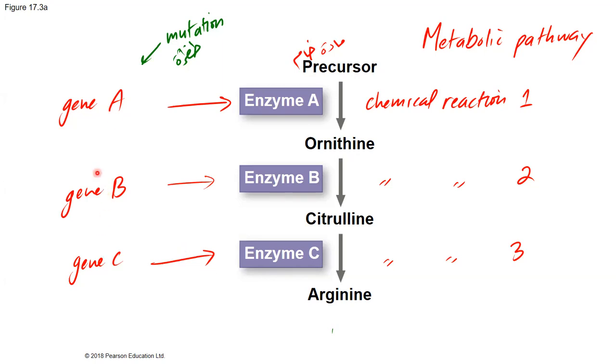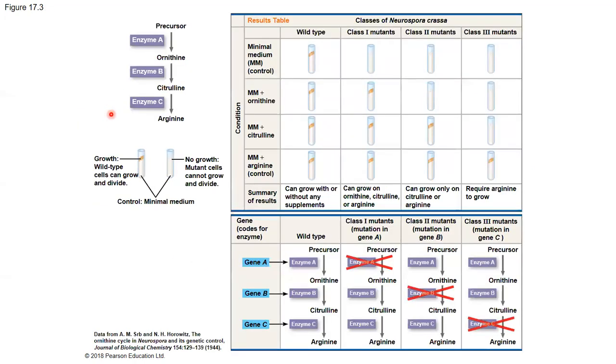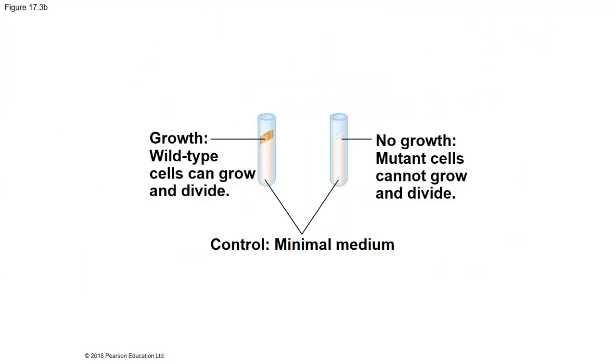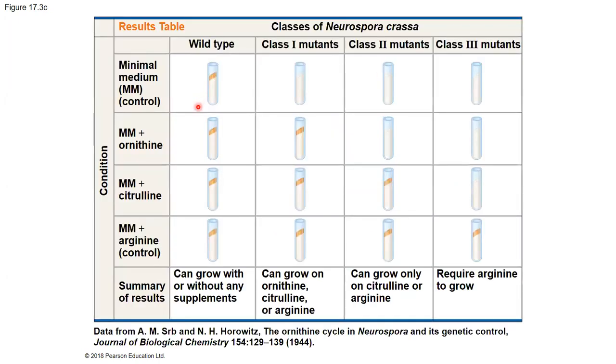Based on this information, Sharp and Horwitz classified the arginine deficient cells into classes, types. How did they do that? So they took Neurospora cells.